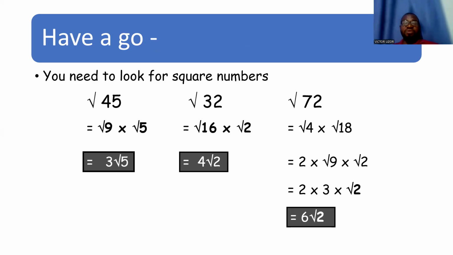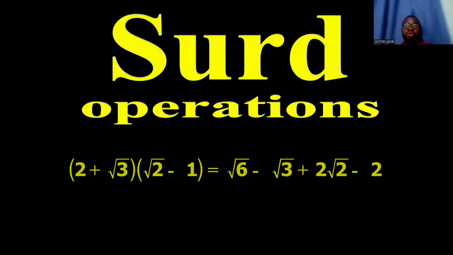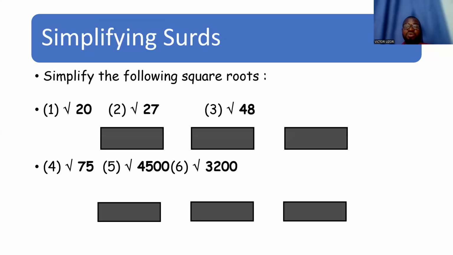So even when you are given surds to add and you are not able to add them directly, you can simplify them to see if they have the same root. Now, I want you to pause the video and try doing any of this, then play it again. The first one is 2 root 5, that means 4 times 5.